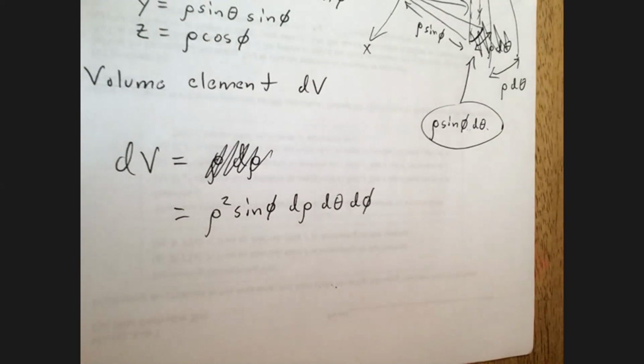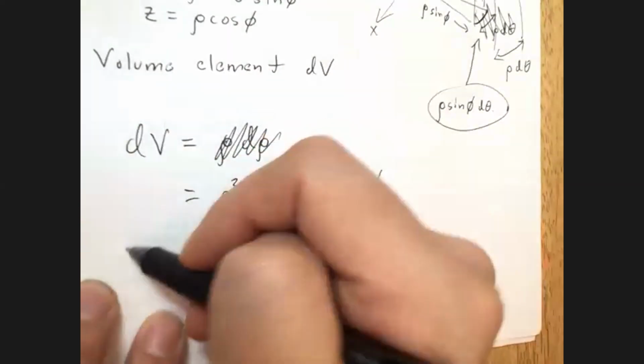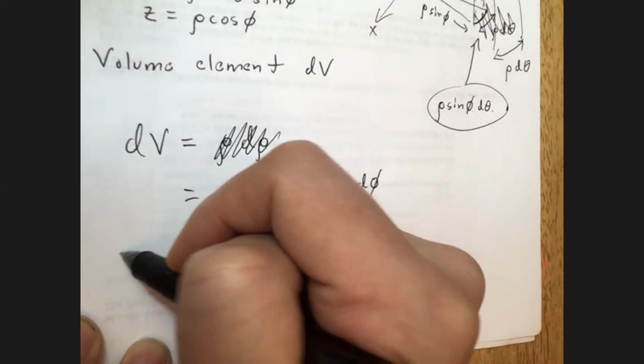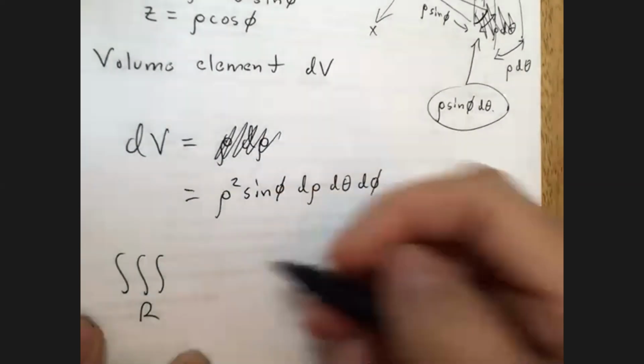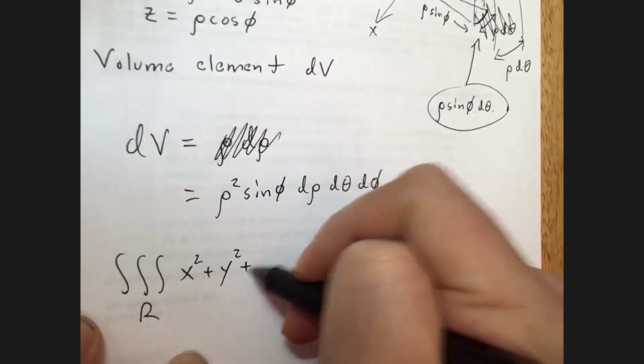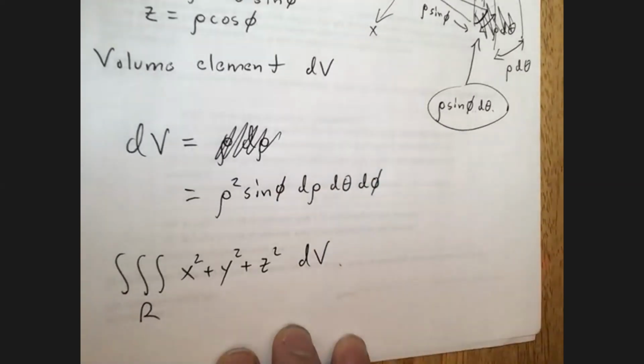So what we're going to do now is use that to do a triple integral in spherical coordinates. Our integral is going to be, I've got to start saving paper here, so I'll write it down here and then move to another sheet. I'm going to do the integral of x squared plus y squared plus z squared dV, where R is the region, I'm just going to describe it in words.